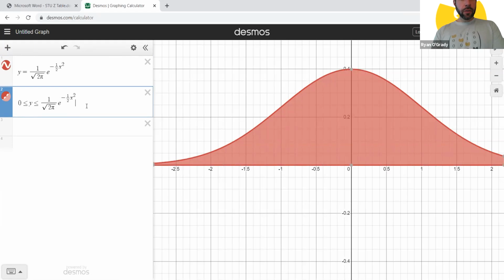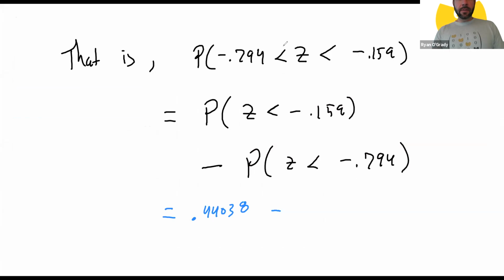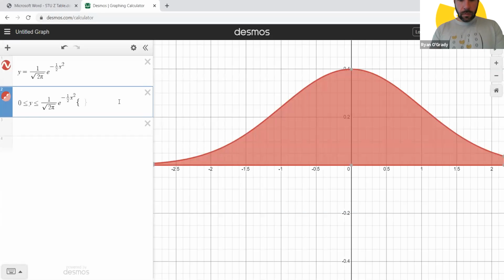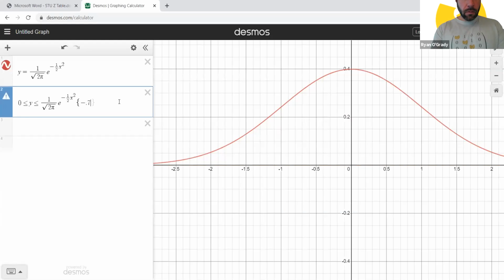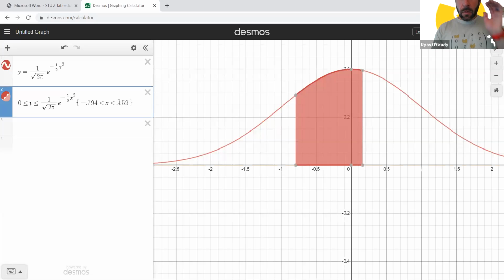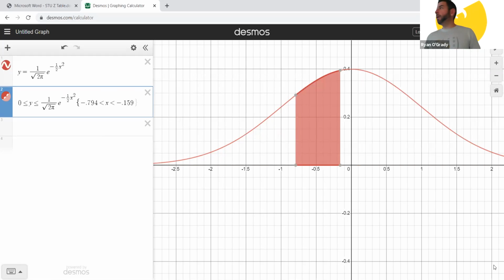So we are interested in this piece, between negative 0.794 and 0.159. Forgot my minus sign. So this is the region that we want to compute.